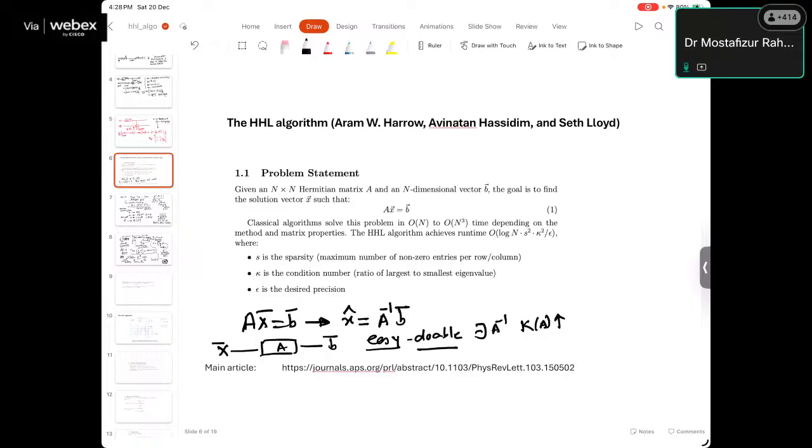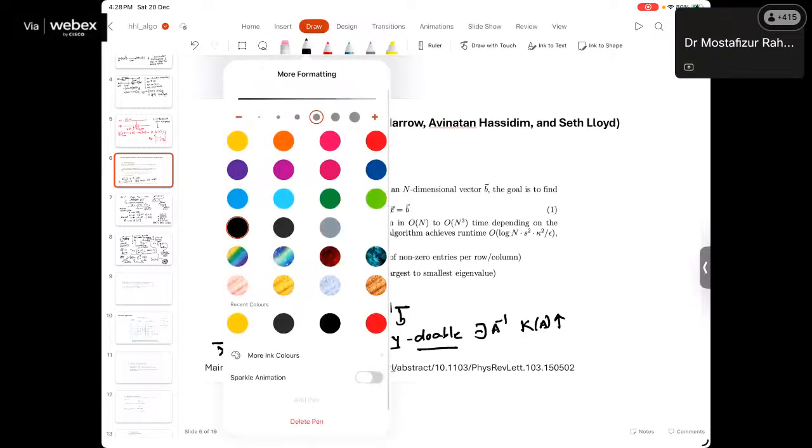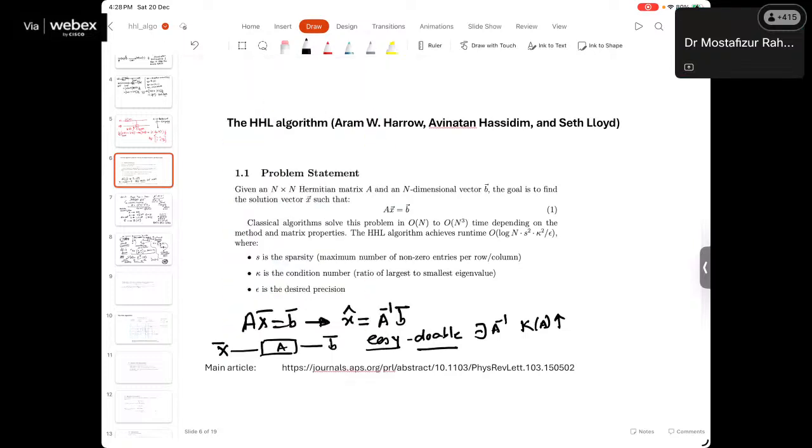But don't worry, because there are lots of protocols involved in this solution, and people are still working on this algorithm. This paper came in 2009, and this was the original article.